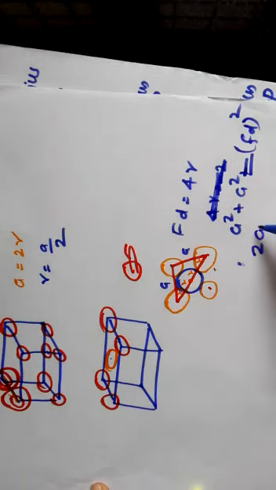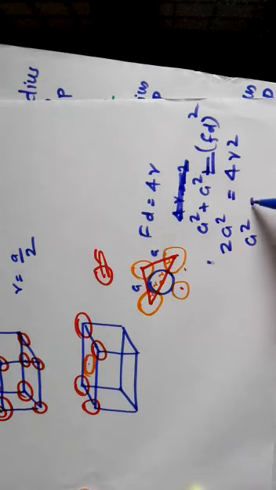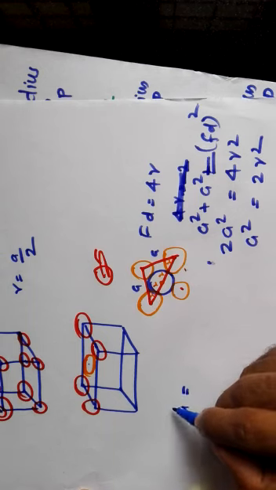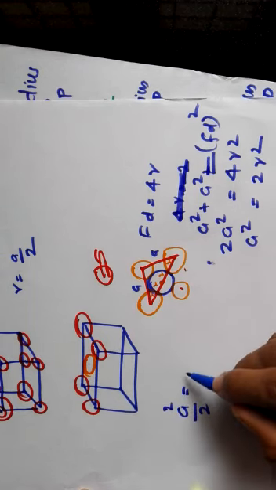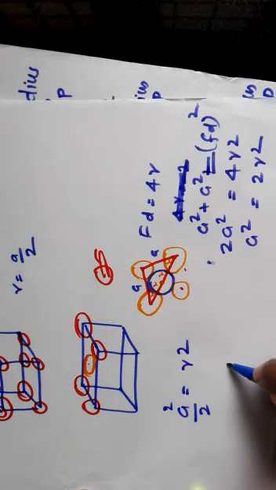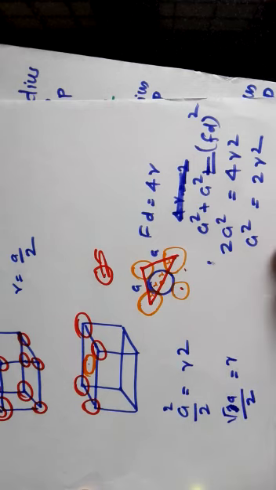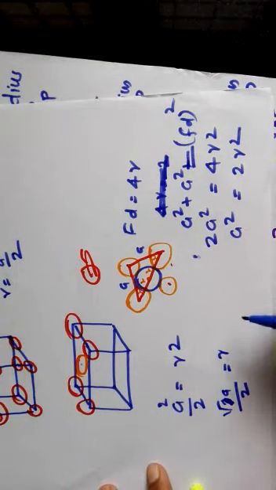Therefore 2a square is equal to 16r square, or a square is equal to 8r square, so r is equal to a by 2 root 2. This is the answer.